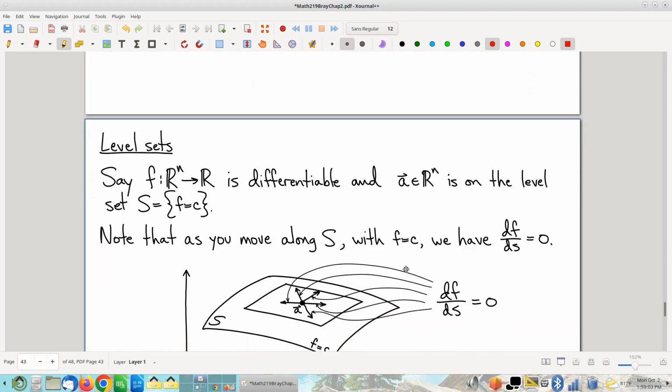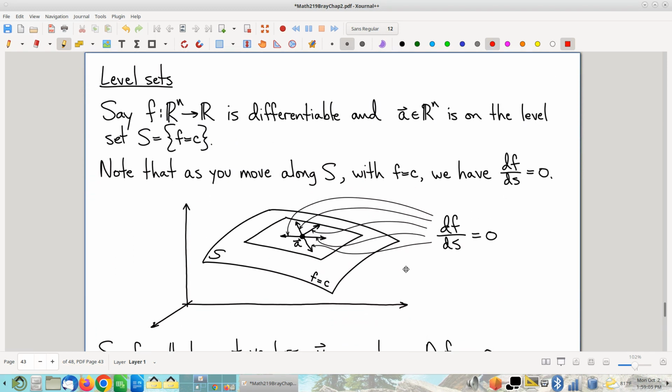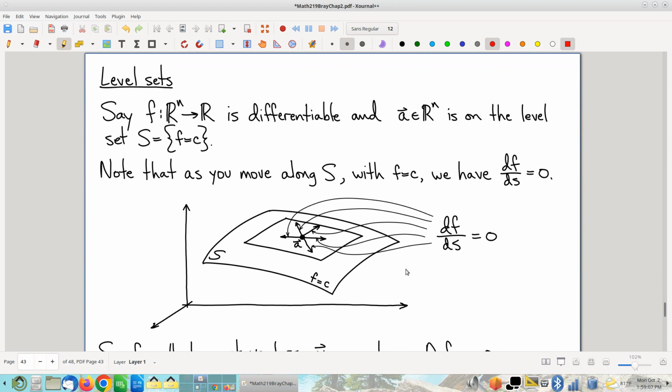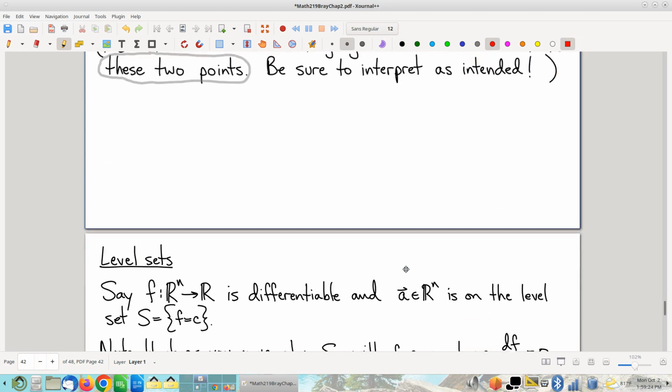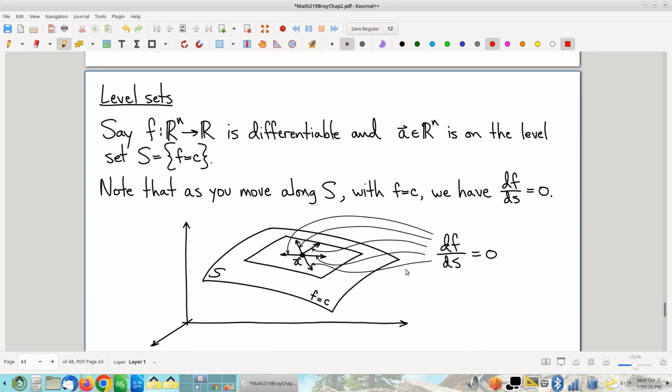Alrighty. Moving along, let's talk about level sets. Recall, you have to be actively, consciously attentive to what kind of picture you are looking at. Very importantly, here we were looking at a graph of a function of 2 variables. Here, now, still a surface, this is no longer a graph.